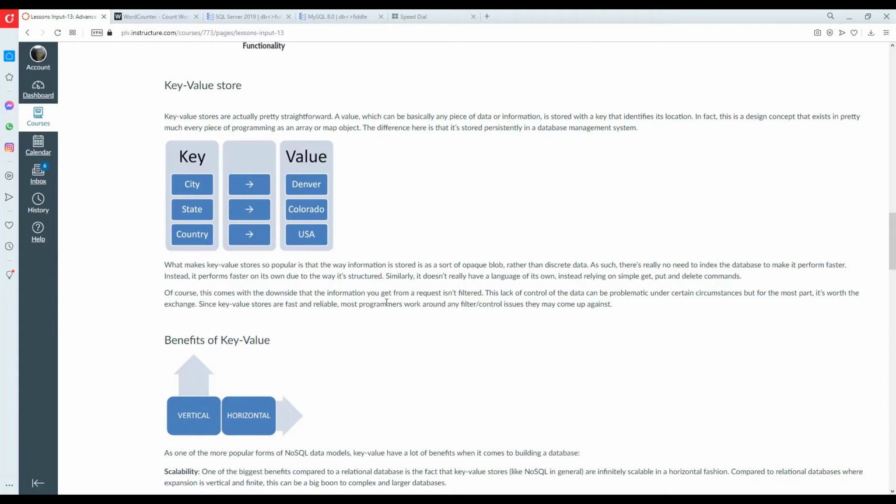What makes key value store so popular is that the information is stored as a sort of opaque blob rather than as discrete data. As such, there is really no need to index a database to make it perform faster. Instead, it performs faster on its own due to the way it's structured. Similarly, it doesn't really have a language of its own, simply relying on simple get, put, and delete commands.